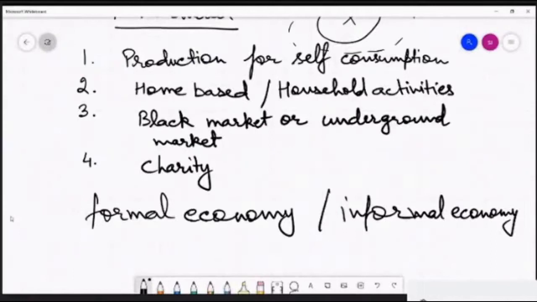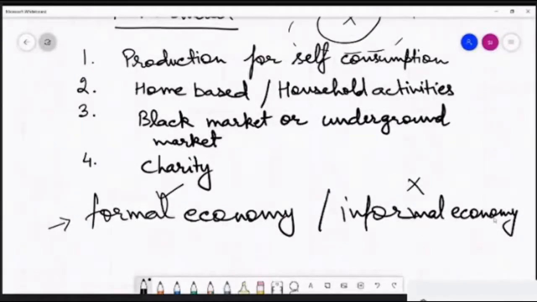There is another way to understand this, but let me keep it here only, otherwise you will get confused. So formal economy, informal economy. We include formal economy, but informal activities are not included. Most of the time in villages, most of the activities are informal, because we do it for our relatives, we do it for each other, but that is not through market.